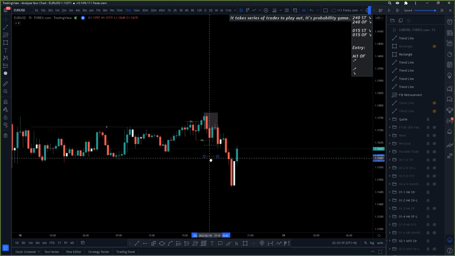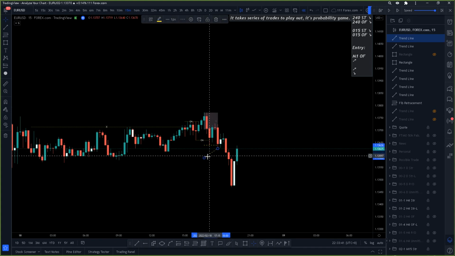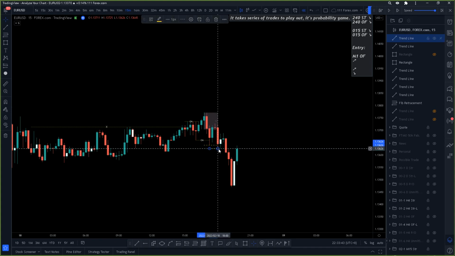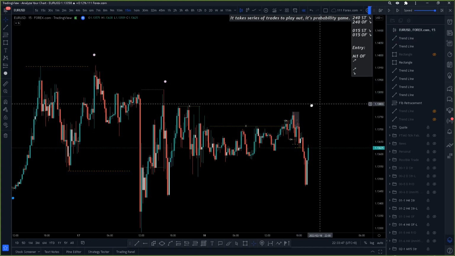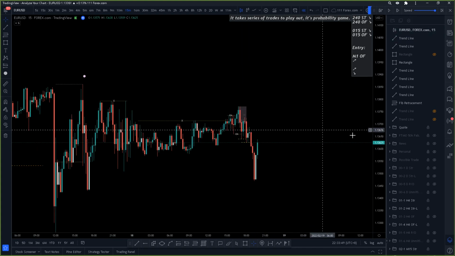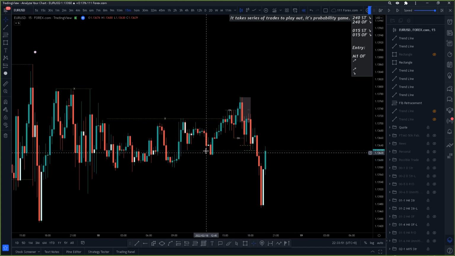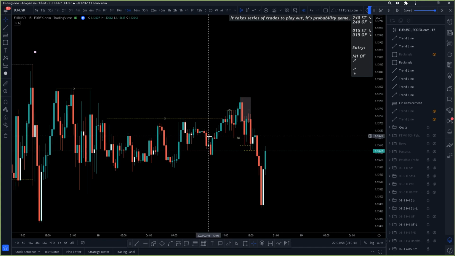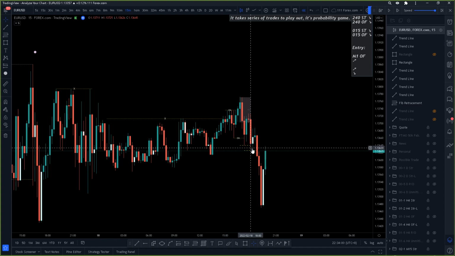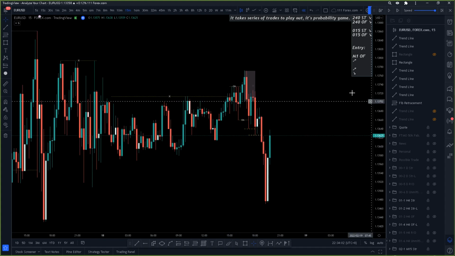So price just made a low, and buy to sell, sell to buy, let's buy. Here was my demand range and here's my refined.